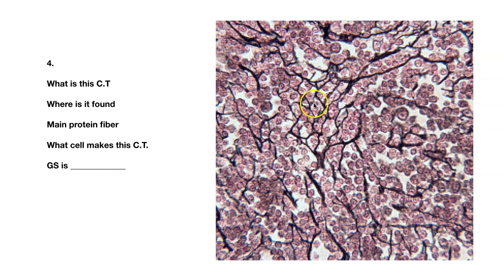Again, what cell is making these protein fibers? What cell is within this connective tissue that is making these protein fibers? Again, the ground substance, is it liquid, gel-like, firm, or hard?